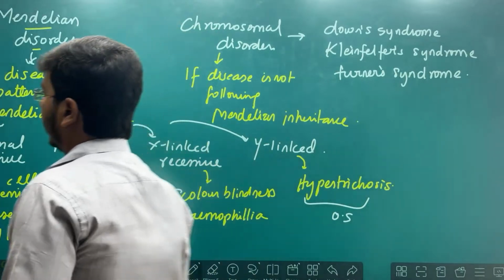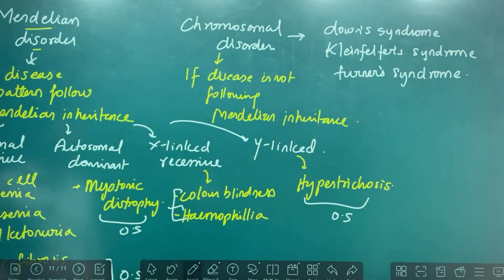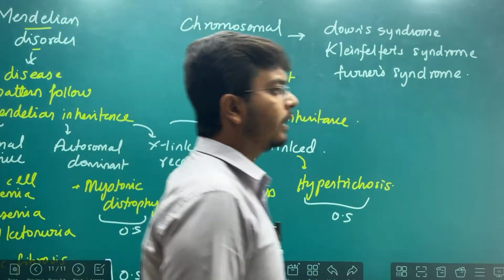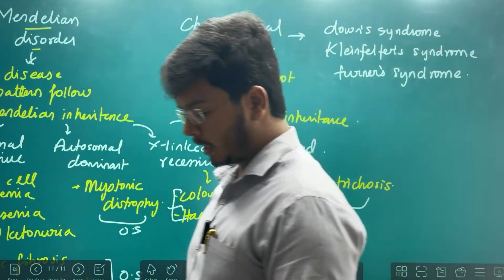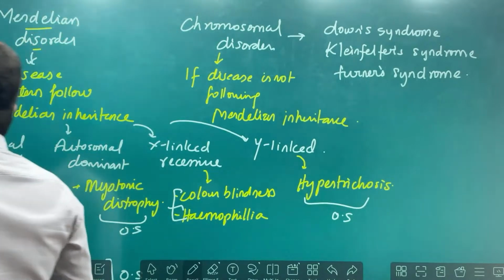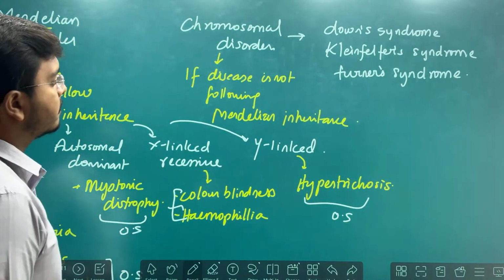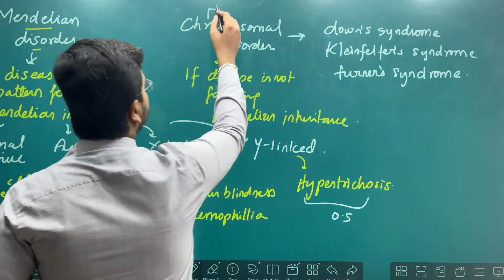So we are getting three types of disorder. One is Down syndrome, one is Klinefelter syndrome, another one is Turner's syndrome. So these come under chromosomal disorder.